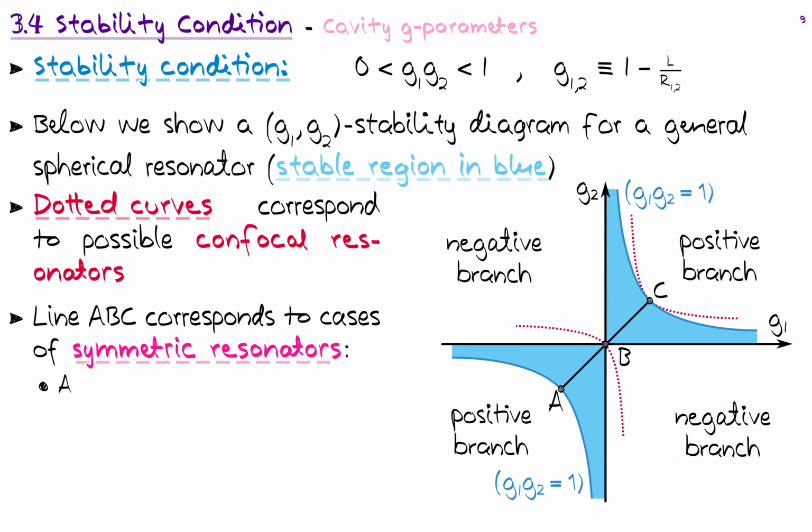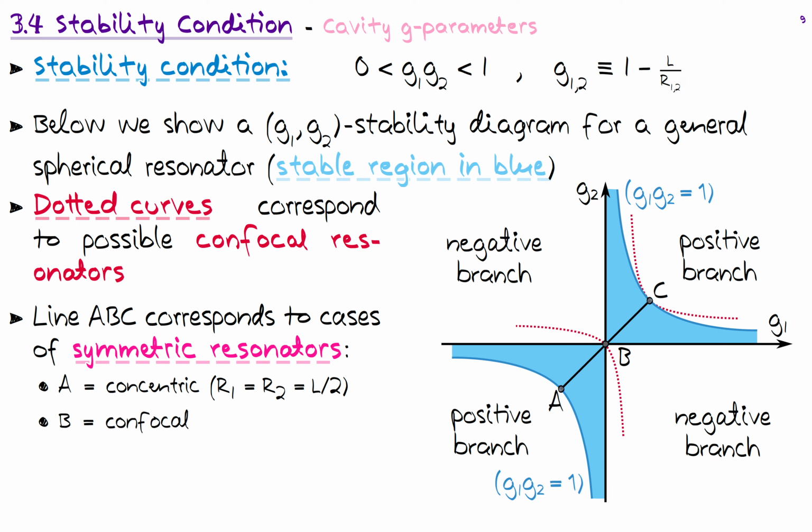So the A case corresponds to the concentric resonator. So basically that was the case we were considering before. In that case, the two radii of curvature R1 and R2 are identical and, for a given length, are given by the cavity length divided by 2.